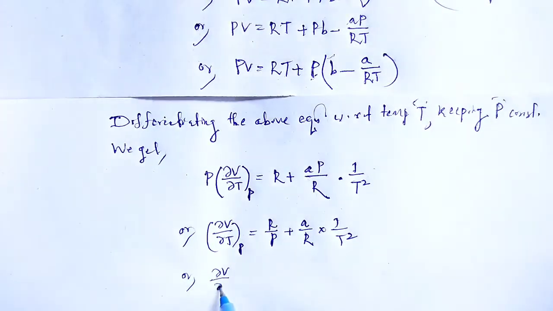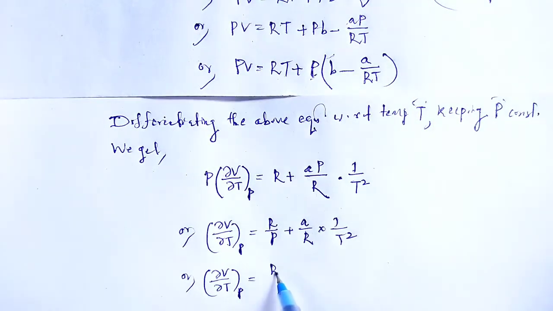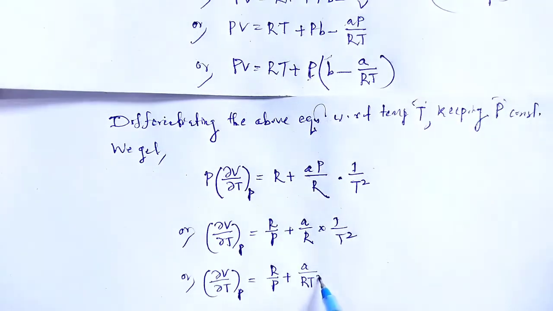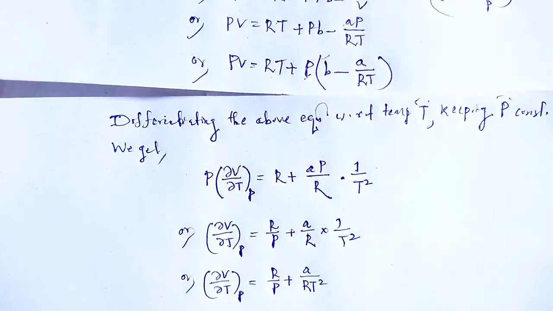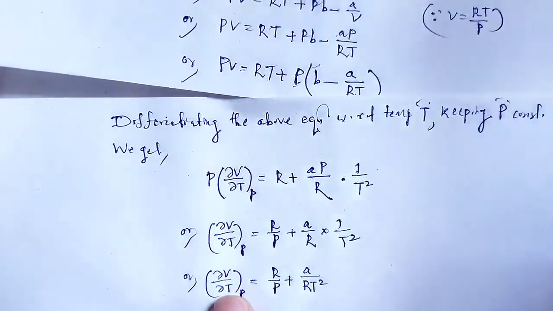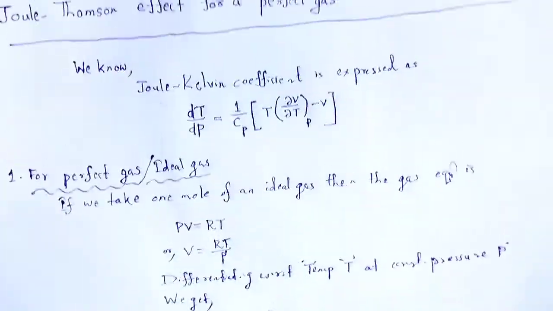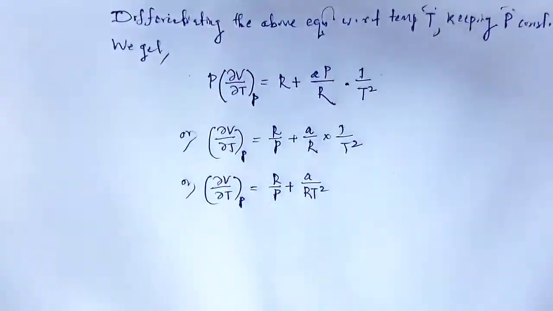So, del V by del T at constant pressure is equal to R by P plus A by RT square. Now, we can substitute the value of del V by del T at constant pressure in the Joule-Kelvin coefficient expression, we get the result.